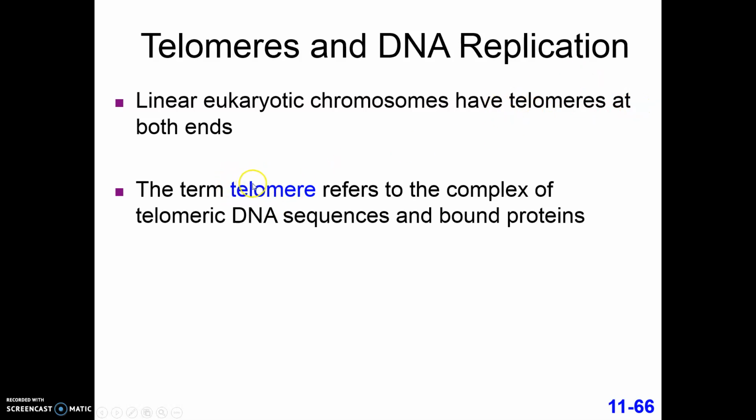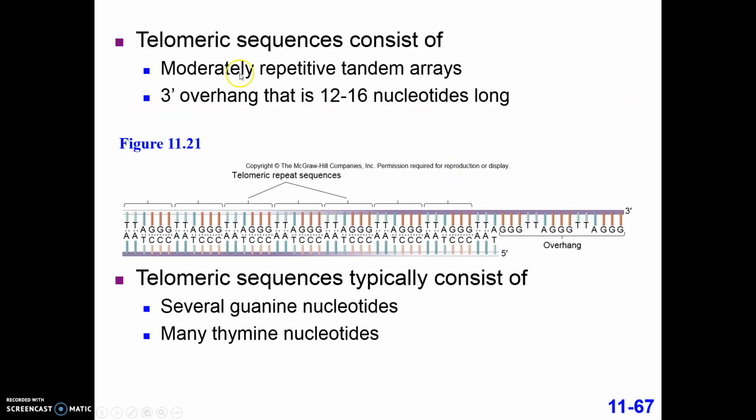The term telomere refers to a complex of telomeric DNA sequences and proteins bound to it, and together they form a cap at the end of our chromosomes. Now, the telomeric sequences consist of some repetitive DNA sequences.